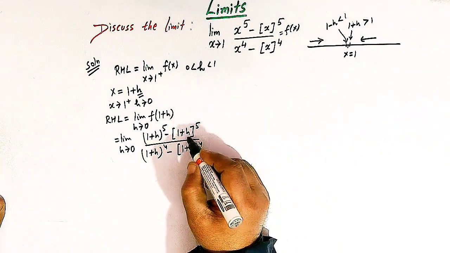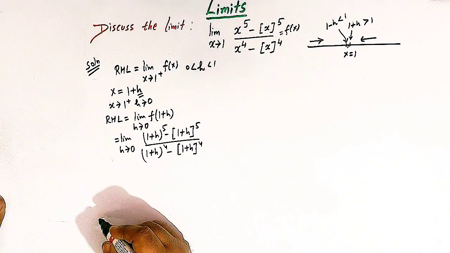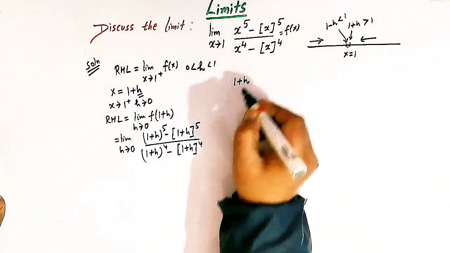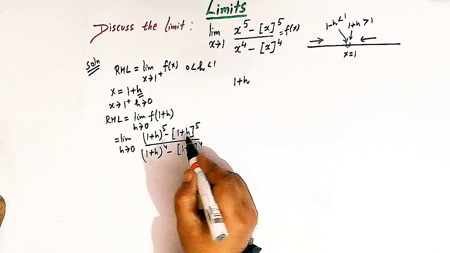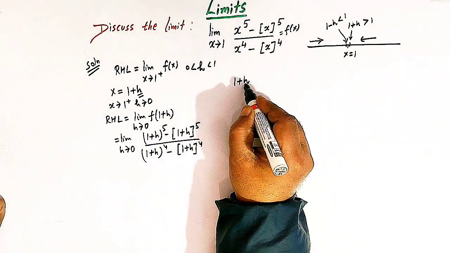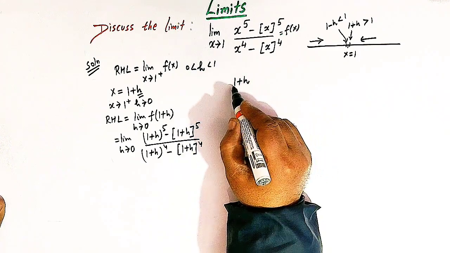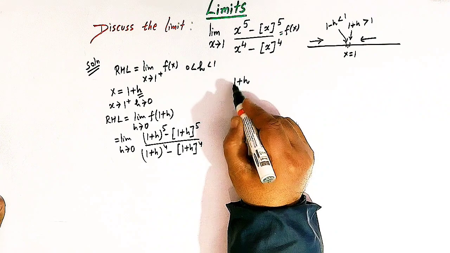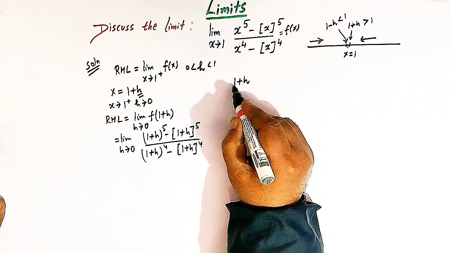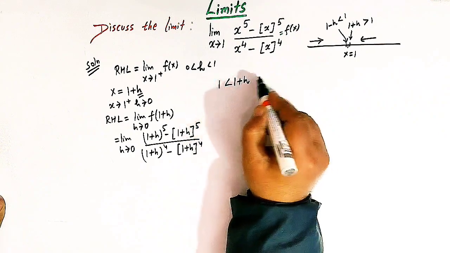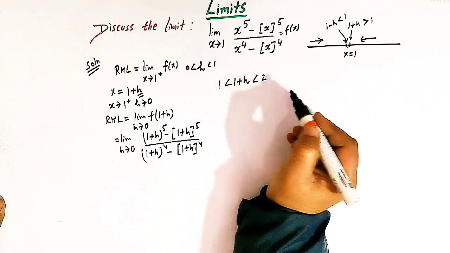So what we will do, we will apply the definition of greatest integer function here. So see, here we have greatest integer of 1 plus h. Because h is a very small quantity, when we add h to 1, then 1 plus h is slightly greater than 1, but it is always less than 2, right?